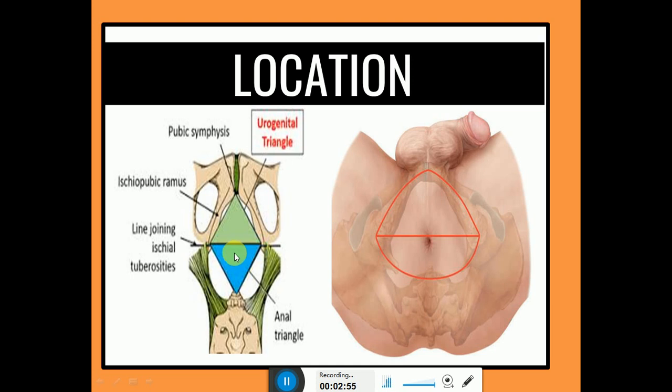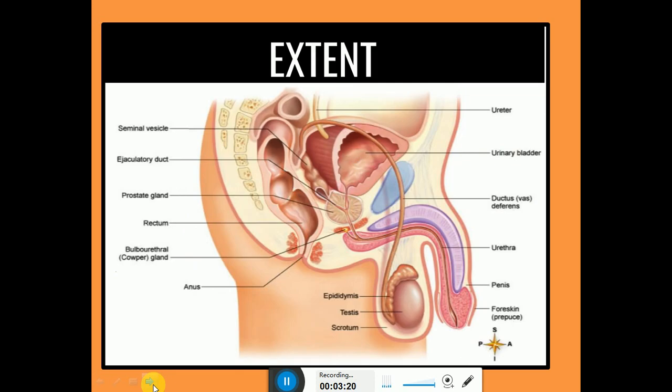In the center of this anal triangle, an opening is present, that is the opening of the anal canal, and this is called the anus. On both of its sides there is the ischiorectal fossa. So this is the location of anal canal.